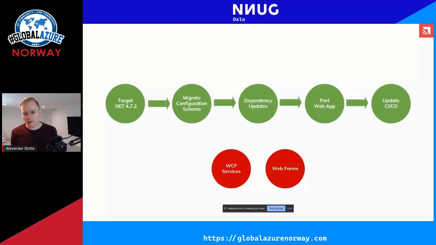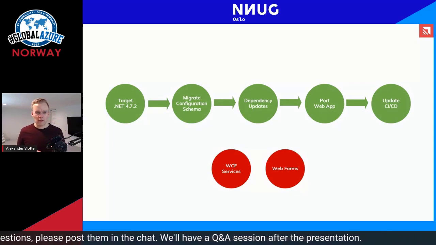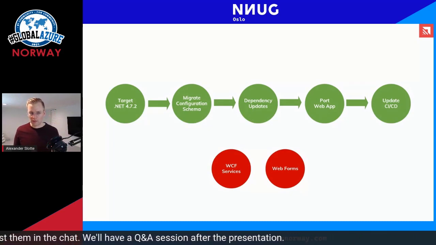So this diagram here outlines the steps we had to take to get to our place. For example, we had a lot of different things that we had to do here. And the red things are things that I want to talk about first. So we have no WCF services, and we had no Web Forms application.